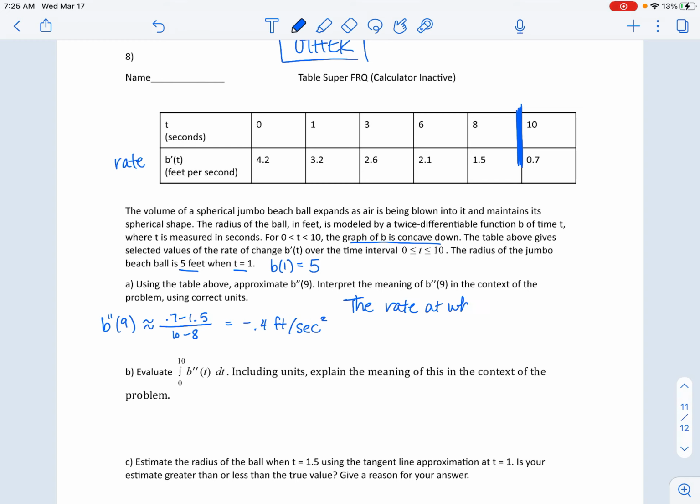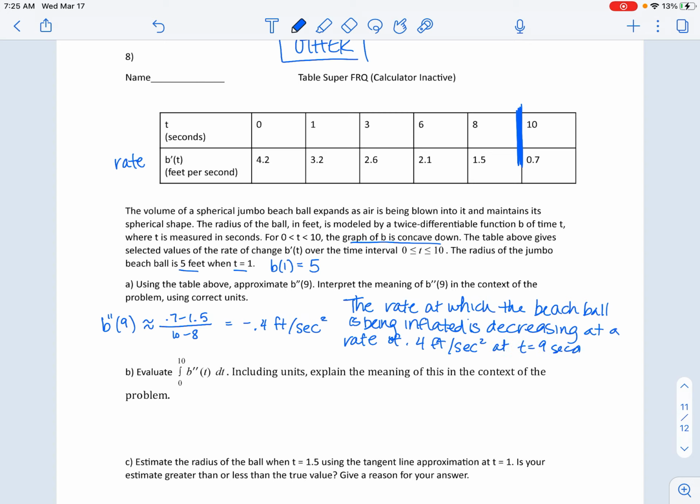So the rate at which the beach ball is being inflated is decreasing, because it's negative, at a rate of 0.4 feet per second squared at t equals 9 seconds.